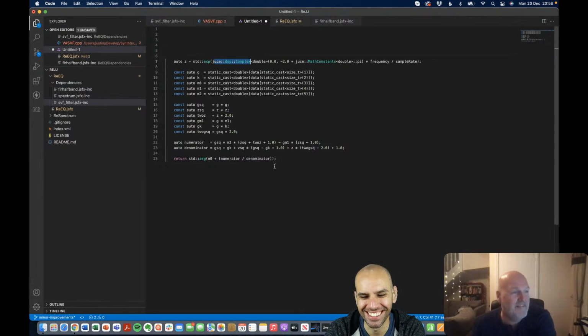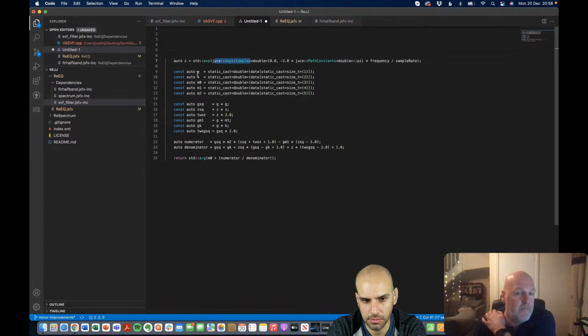Exactly, it's a lot more straightforward to read. And essentially, the takeaway is that the reason I was struggling to find the magnitude with SVF is because you actually need the G and the K coefficients.